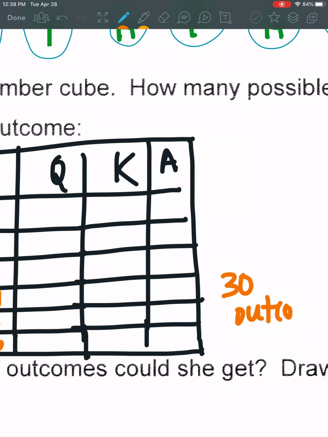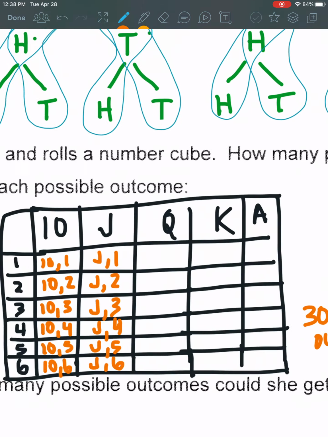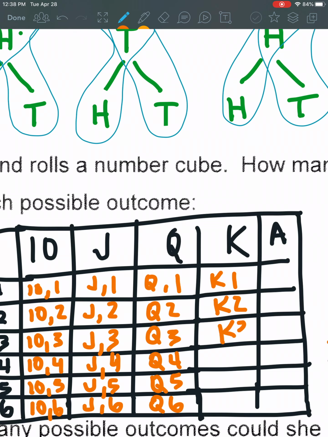And this is getting then to the fundamental counting principle, or we also call it the multiplication counting principle. What that says is that we can just multiply how many possible outcomes are there in the first event, how many possible outcomes are there in the second event, and multiply those two numbers together. And that will give us all possible outcomes, okay?